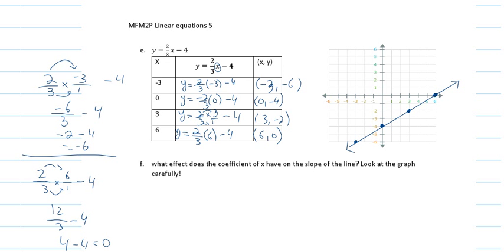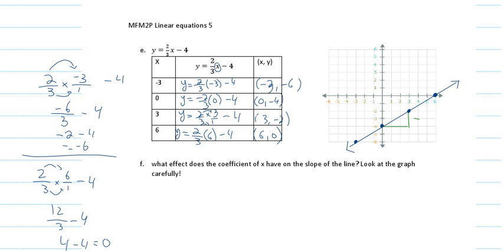Can you guys help me find the slope of this? I make a triangle, let's try. So I made a triangle between 2 points, right? What's your rise? You're going up by how much? 2. Okay, 2, right?